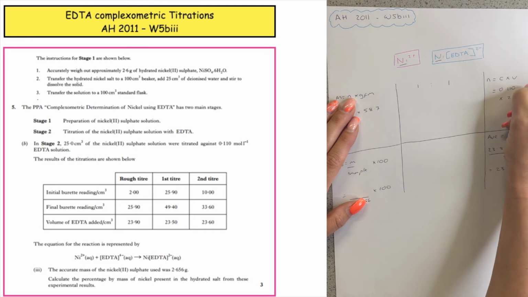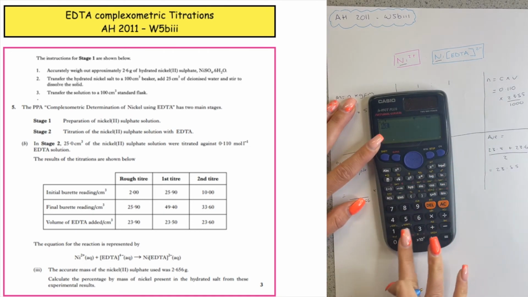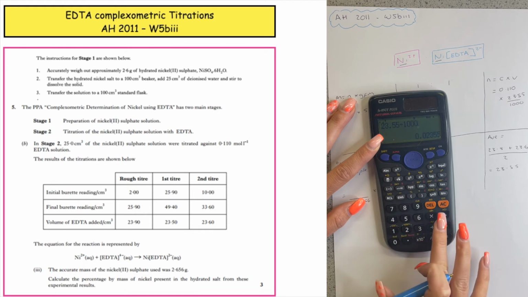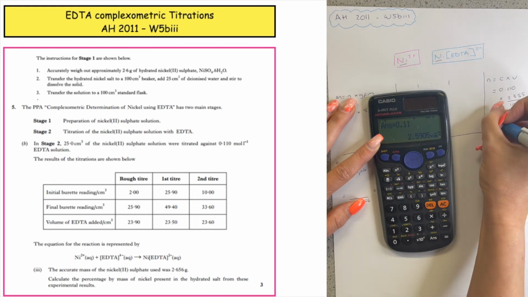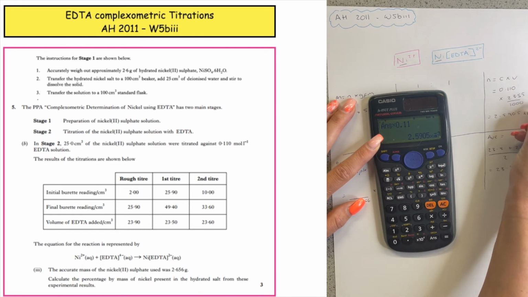So we do 23.55 divided by 1,000 to put it into litres. 23.55 divided by 1,000, answer, times by 0.11. And that will give me the number of moles as 2.5905 times 10 to the minus 3.